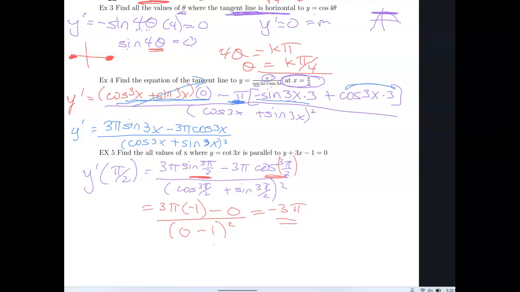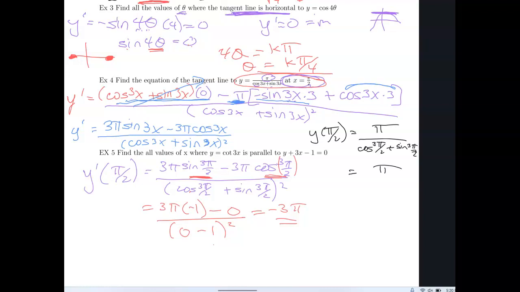So I also need the point. So I need to plug pi over 2 into here, right? So y of pi over 2 will give me pi. Then I'll have cosine of 3 pi over 2 plus sine of 3 pi over 2.